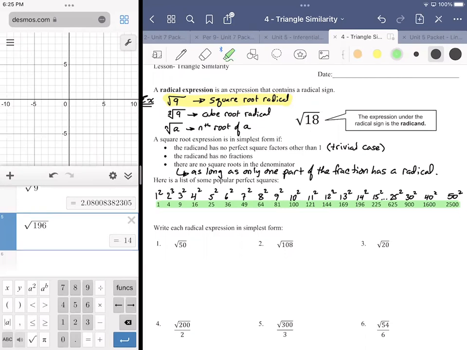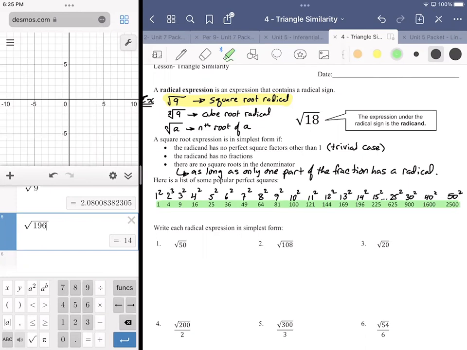So these are all perfect square values. So what we want to do, when we're writing a radical in simplest form, is first check to see if the radicand, which is again the thing under the radical, is of itself a perfect square. But if it's not, we want to see if it's divisible by a perfect square. And if it is, I want to know the largest perfect square it can be divided by.